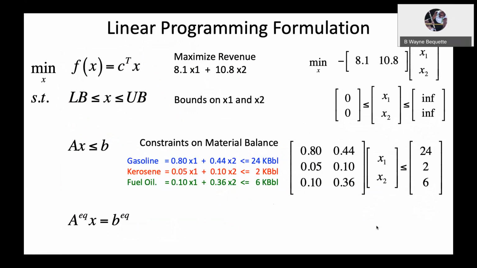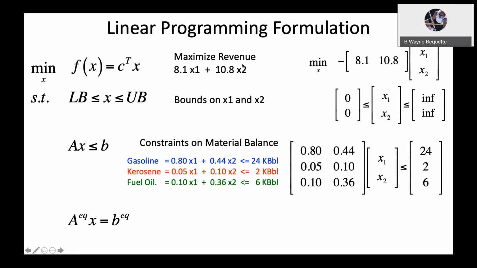Now, this can also be formulated mathematically in the following fashion. In the next screencast, we're going to show how to use MATLAB to solve this problem using this mathematical formulation. The revenue curves we showed were 8.1 times the amount of crude oil 1 plus 10.8 times the amount of crude oil 2.